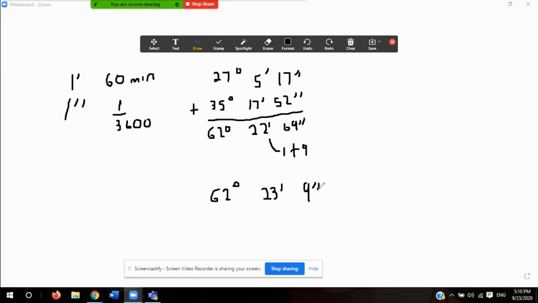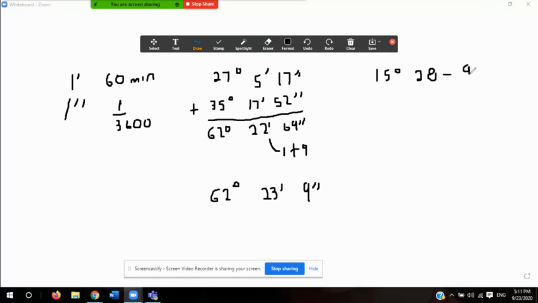And if we look at example number 5, it says subtract 15 degrees and 28 minutes. So we're going to subtract 15 degrees and 28 minutes from 90 degrees.